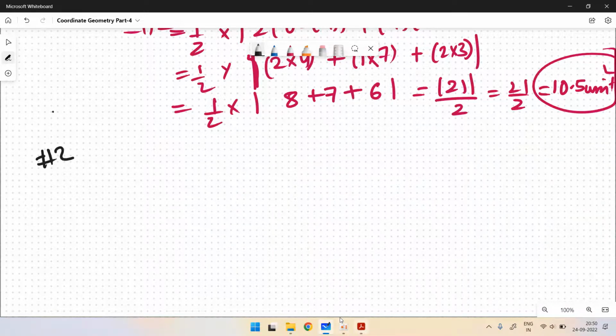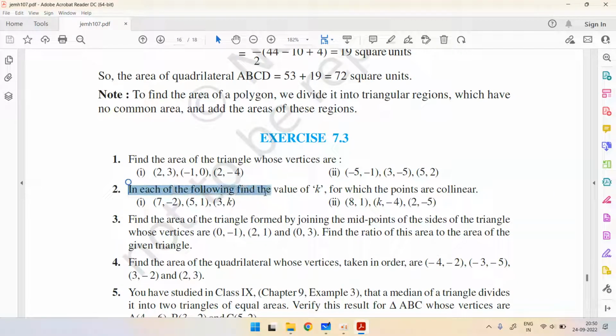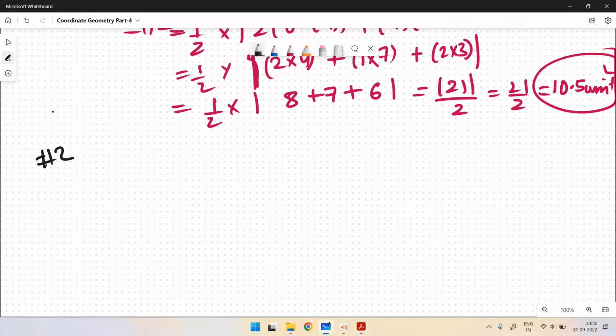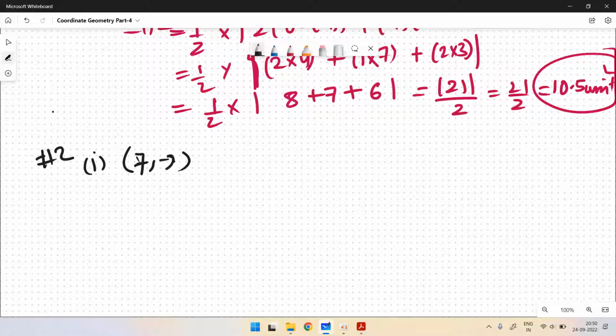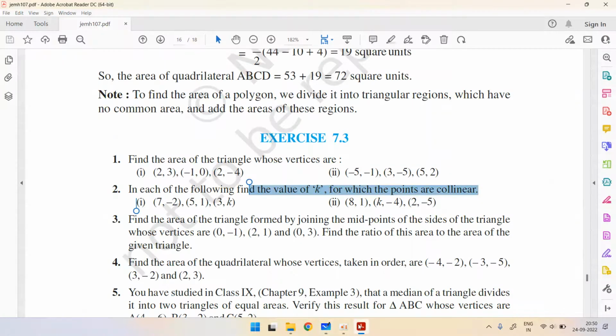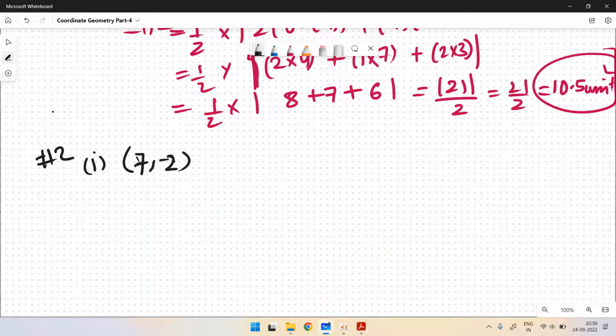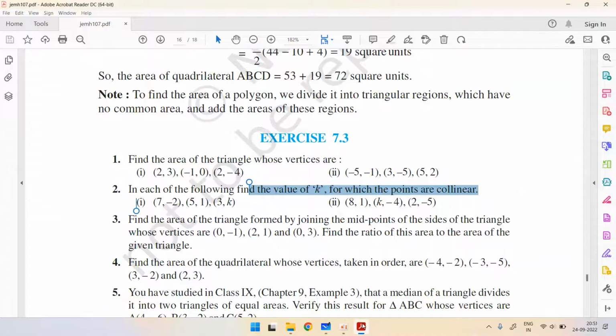My second question is: in each of the following, find the value of k for which the points are collinear. I will be doing the first part only. The points are 7, minus 2; 5, 1; and 3, k.